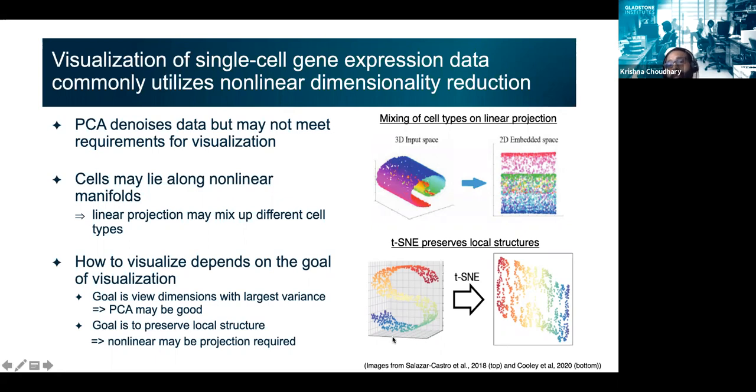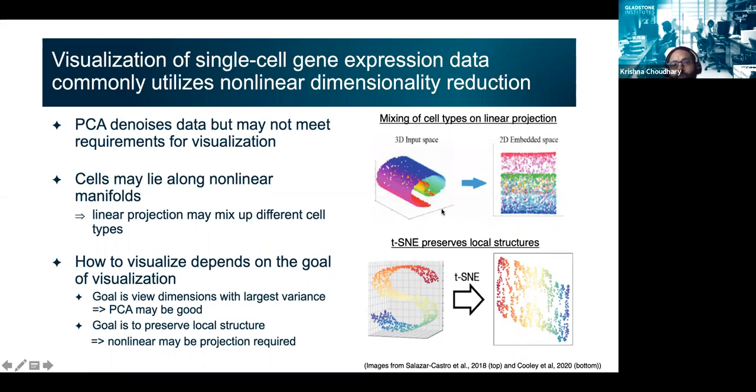And this may happen in our system because it is possible that cells will not jump directly from this red region over to the yellow region. And I will explain in the next slides why that may be the case. But it is a common observation that in biology, nonlinear structures of data arise all the time, and in other fields also. So that's why people have developed these techniques of nonlinear dimensionality reduction.